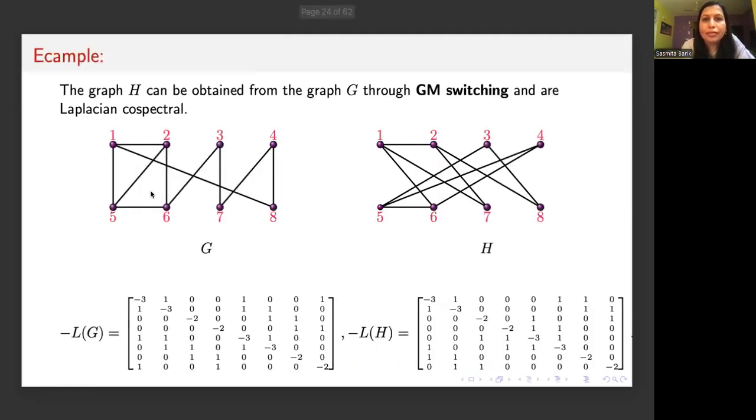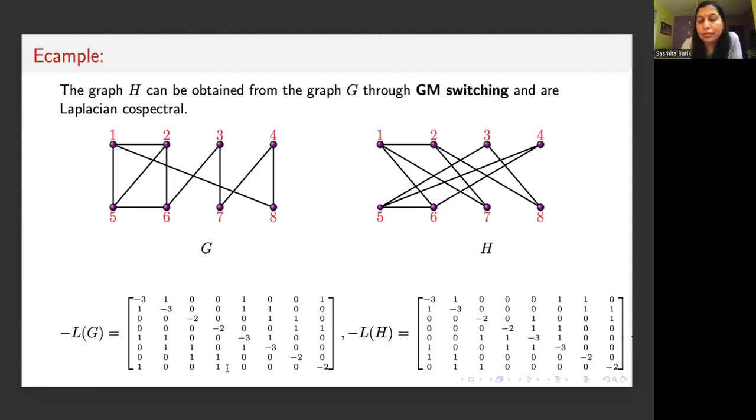So here you can see both the graphs G and H. They are co-spectral, and you can observe they are not isomorphic, but H can be obtained from G by switching. Here you can observe this part is your N, and on the top block you can take 4 rows and 4 columns accordingly. You can see the blocks.